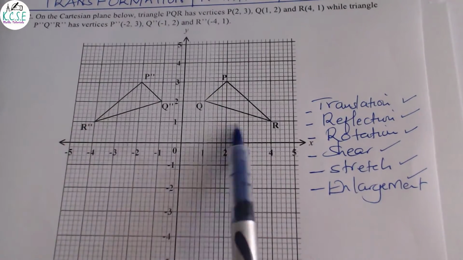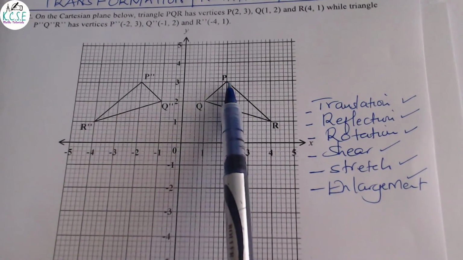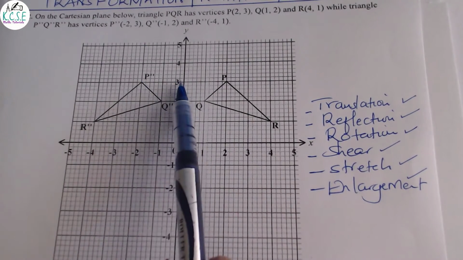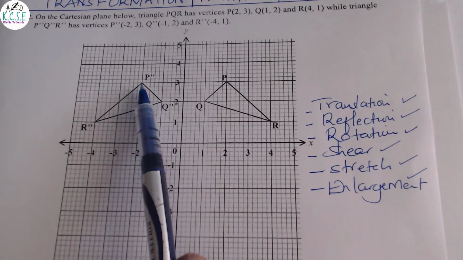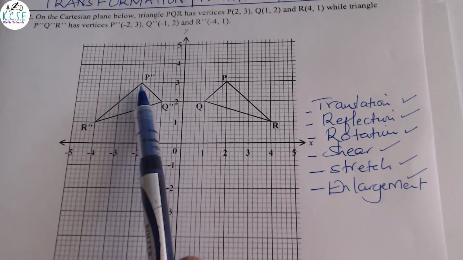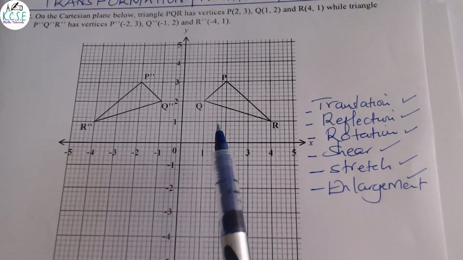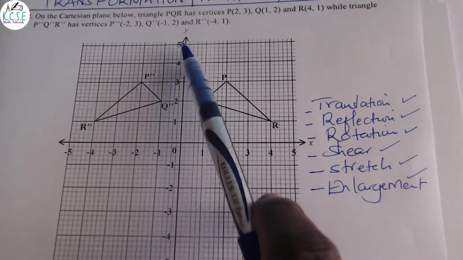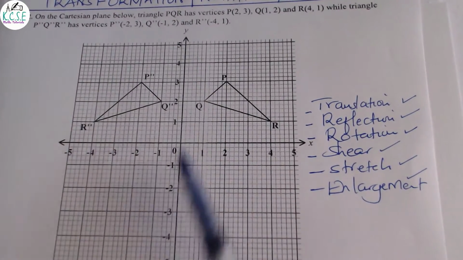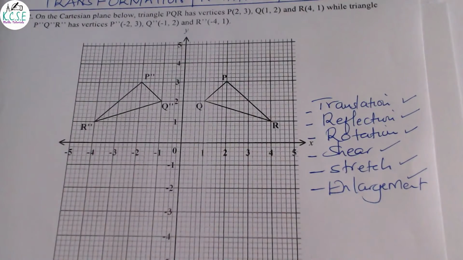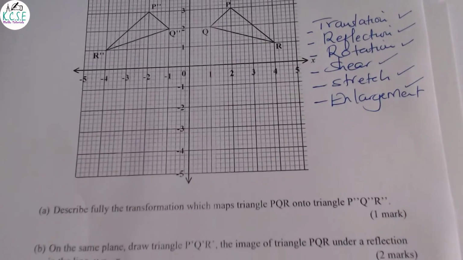The distance between the object point and the mirror line, and the mirror line and the image point, is equidistant. The transformation that has that type of property is a reflection. So this one is therefore a reflection along the y-axis, or the line x = 0. So that is how you identify that.